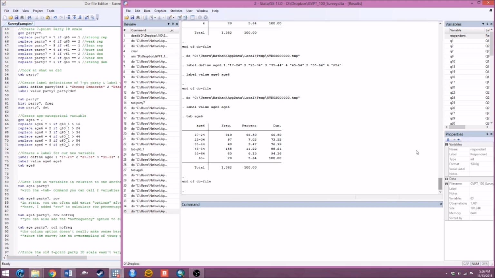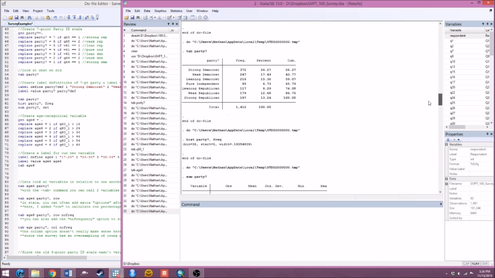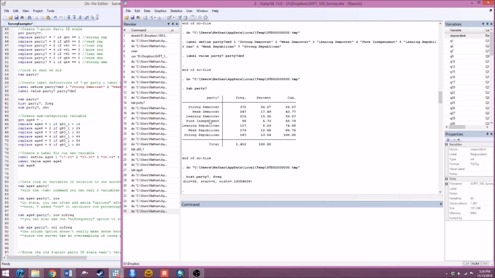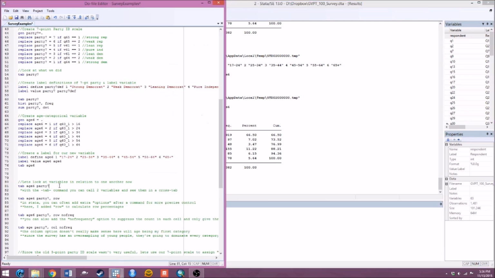So this is useful, right? We can see how many young people we have, how many old people we have, and we can see how many different partisans we have in our group, and how the splits happen. And these are really useful things for us to know, right? So what we can also do is look at these things in conjunction with one another, right?